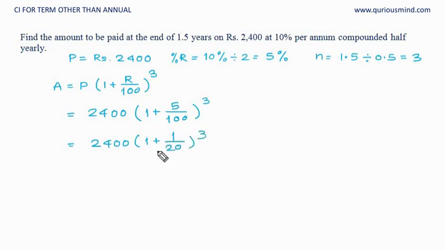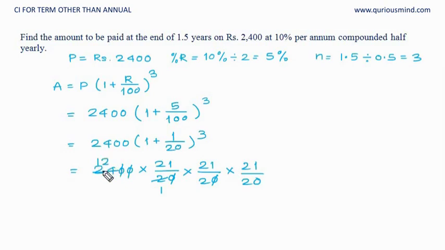1 plus 1 upon 20. 5 ones are 1, 5 20s are 100. Cube means we multiply it 3 times. Now this 0 gone, this 0 gone, these 2 zeros gone. Now 2 ones are 2, 2 12s are 24. 2 ones are 2, 2 6s are 24. 2 3s are 6, 2 10s are 20.